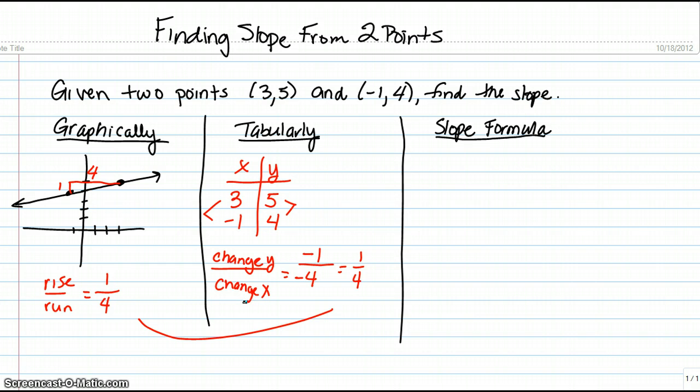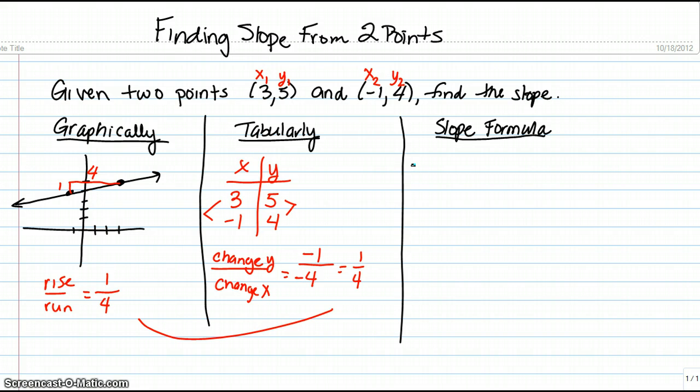And again, how is it we could write the change in the x differently? Well, for the first point, it has an x coordinate and a y coordinate. So we're going to call those x1 and y1. For the second point, we have x2 and y2.